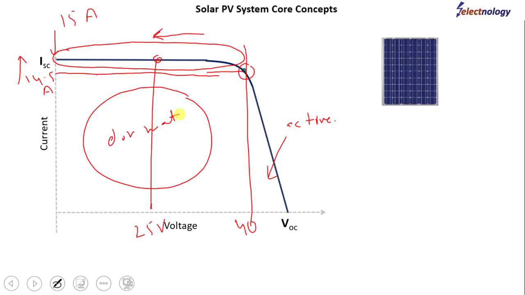If we try to increase the load, the PV module is not supplying much more current, but the voltage at the terminals of the PV module is decreasing fast. Within just the range of 14.5 to 15 amperes, we can see that the voltage has dropped from 40 to 0 volts. So that's how the PV module behaves in two different areas.